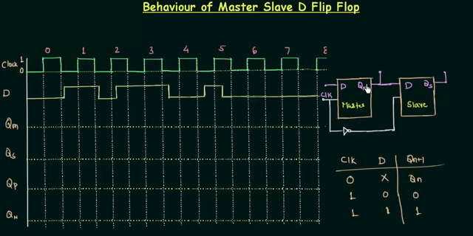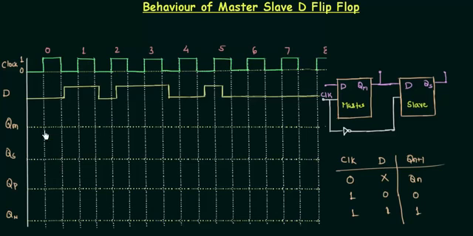Now let's see what QM is dependent on. The first thing is the D signal that I have drawn here, and the second thing is the clock. This master flip-flop will be operational when the clock is high. So we have to check only the pulses when the clock is high, or you can say the time interval when the clock is high. So let's start plotting our QM.